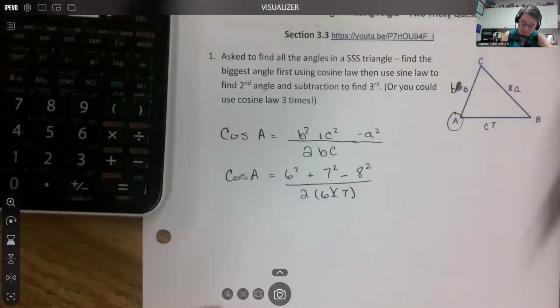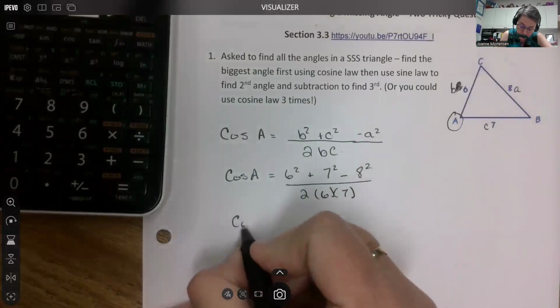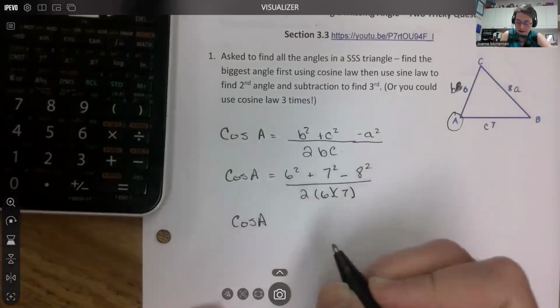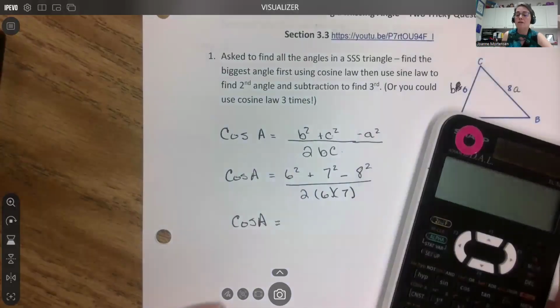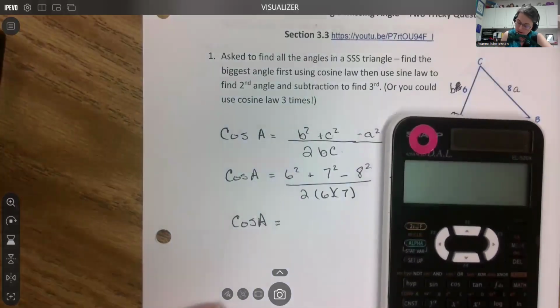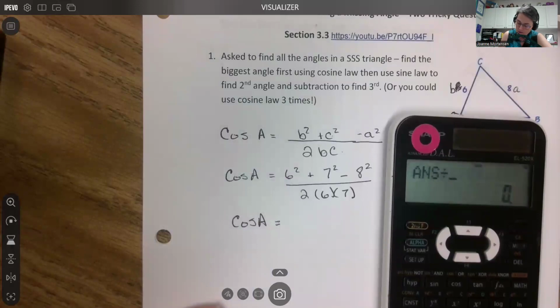All right, so let's see if my calculator and I are going to get along here. Wish me luck. All right, 6 squared plus 7 squared minus 8 squared equals, divide by bracket, 2 times 6 times 7, close my bracket.